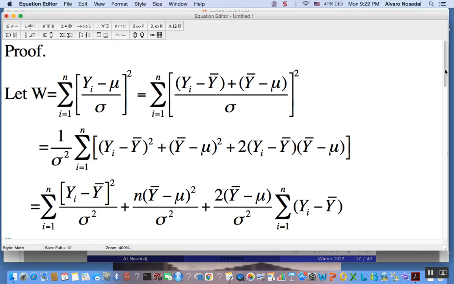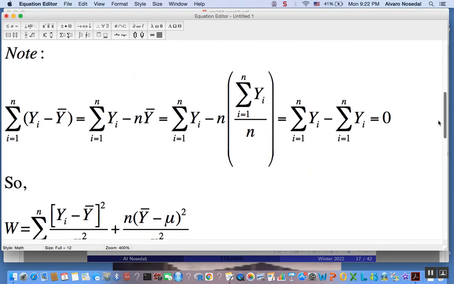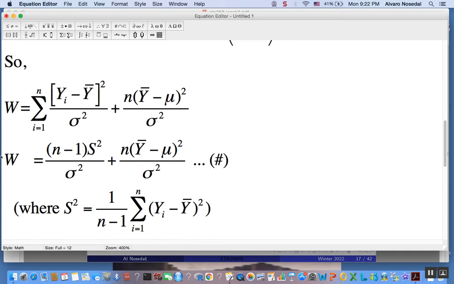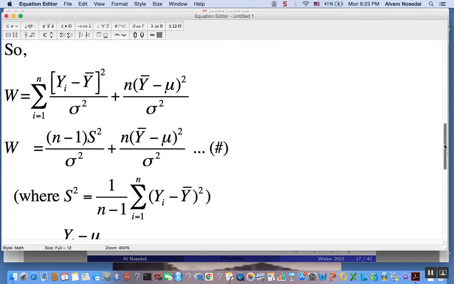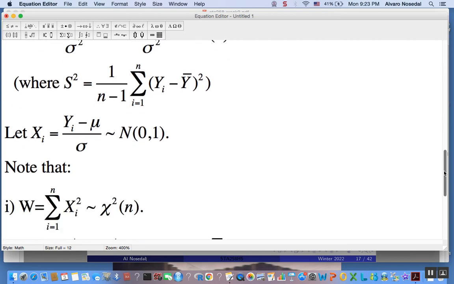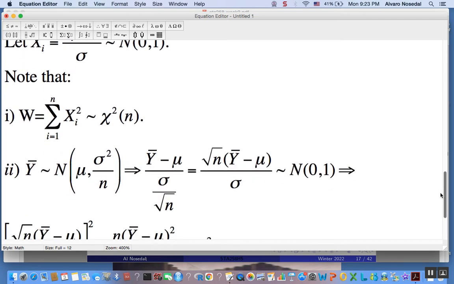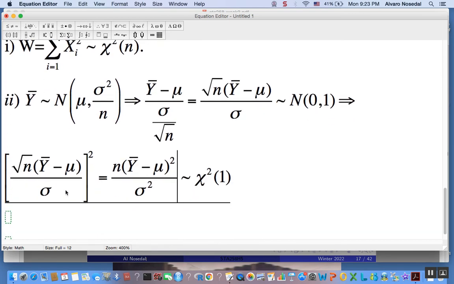That's what we have on the left hand side of our hashtag equation. Now the second term, n times y bar minus mu squared divided by sigma squared, we have shown has a chi-square distribution with 1 degree of freedom. Agreed?